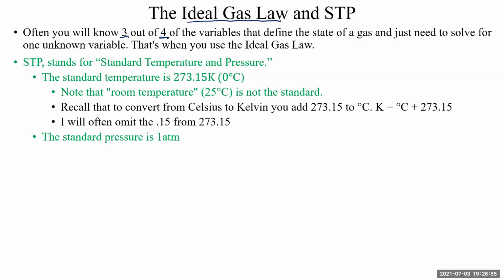Standard temperature and pressure gives you 2 of those right away. In abbreviated form, it automatically tells you, oh, your temperature and your pressure are equal to the standard value. So remember this: standard temperature is exactly 0 Celsius or 273.15 Kelvin.